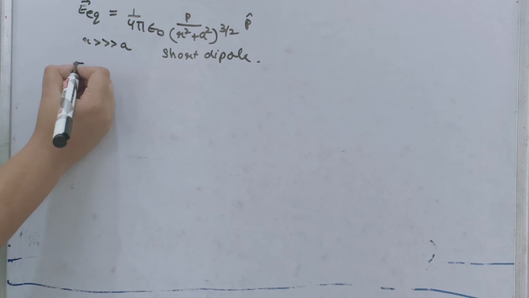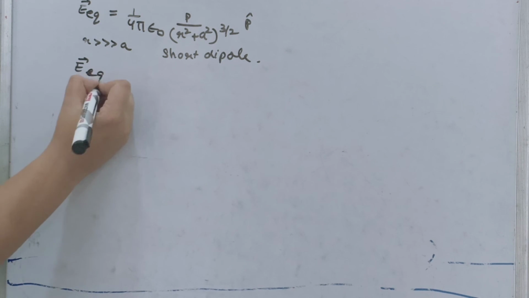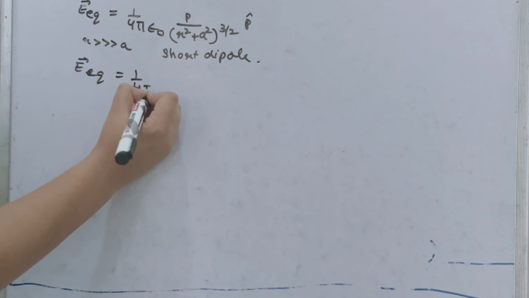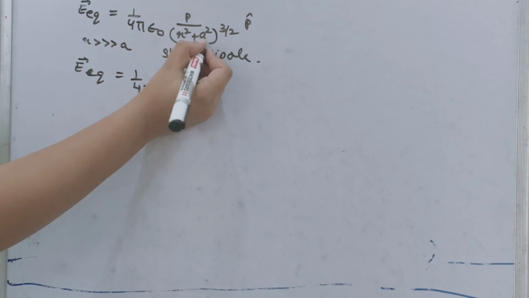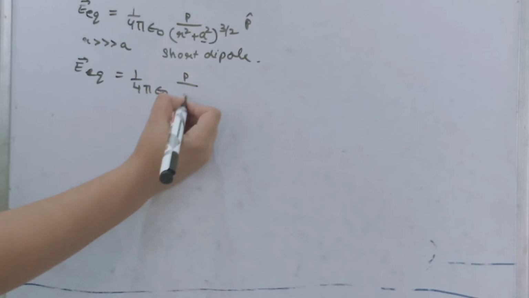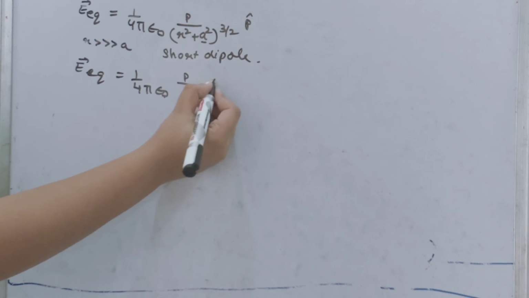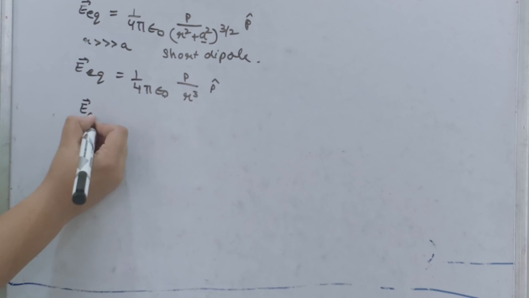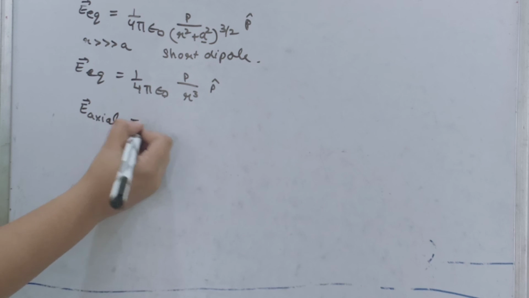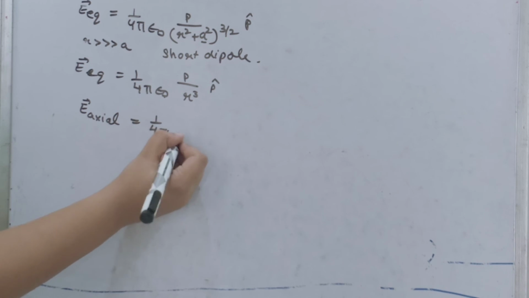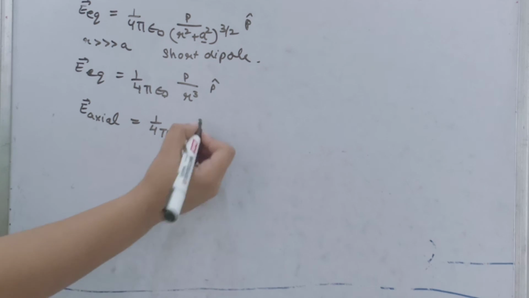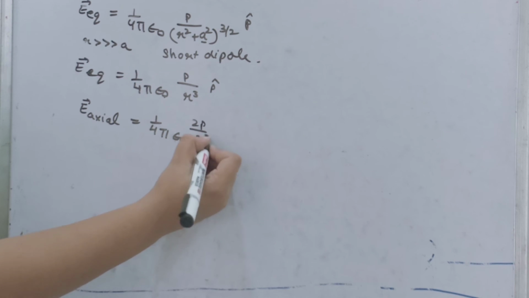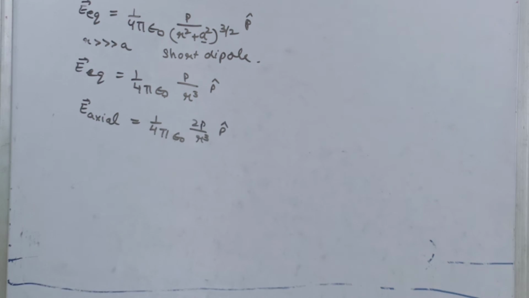Then E equatorial becomes 1 upon 4 pi epsilon naught, we'll neglect a, and this will become p upon r cube into p cap. If you remember, the electric field due to axial short dipole case was 1 upon 4 pi epsilon naught 2p upon r cube into p cap.